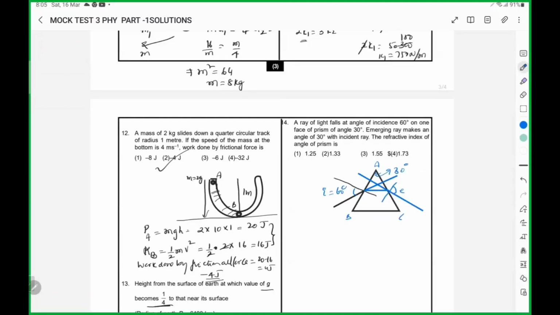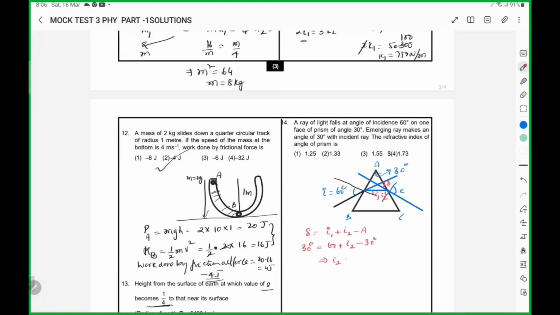So this part is the angle of deviation. Angle of deviation, we know, is I1 plus I2 minus A. This is I1 for us, and this is I2. So here the deviation he has given is 30 degrees, incident he has given, I2, A the refracting angle, 30 degrees.